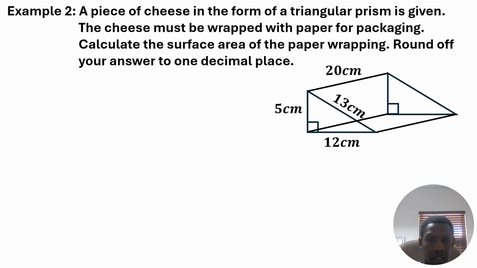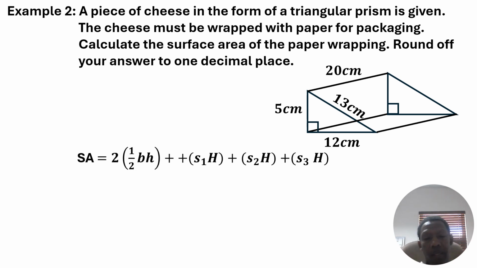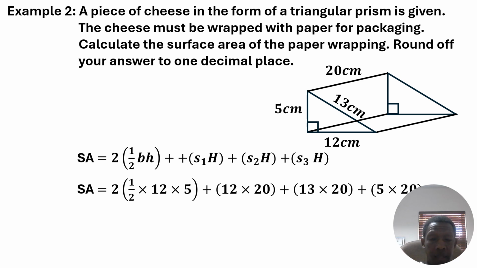As I've indicated, the first thing that we need to do is the formula, the formula to calculate the surface area of a triangular prism, and then we substitute. So these are the values that we substituted.